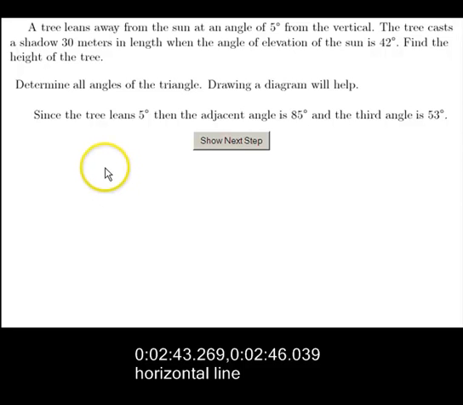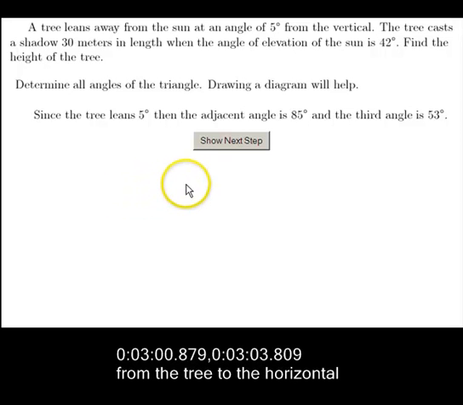Then this 5 degrees plus the degree from the tree to the horizontal must equal 90. So the adjacent angle from the tree to the horizontal must be 85 degrees.